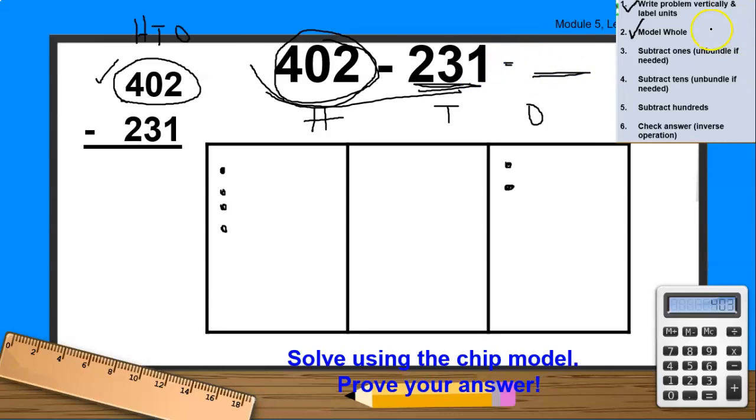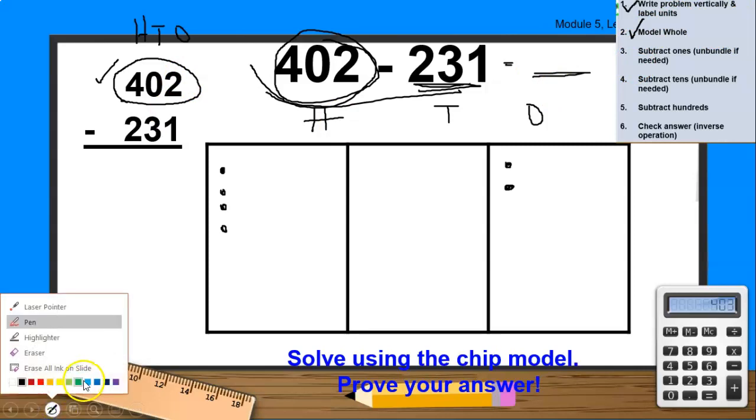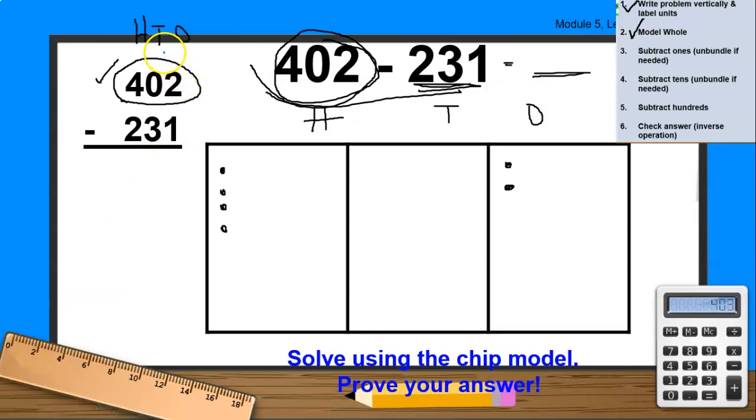After I draw the whole, I have to subtract the ones. So, let's look at the ones place. The ones place is 2 minus 1. Are we ready to subtract in the ones? If I had 2, can I take away 1? Yes.